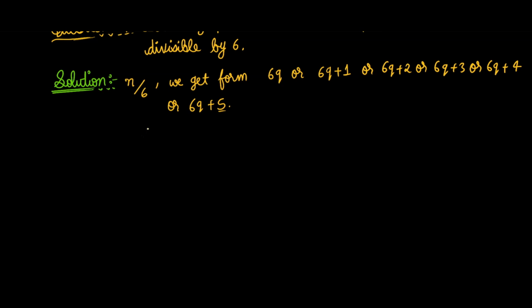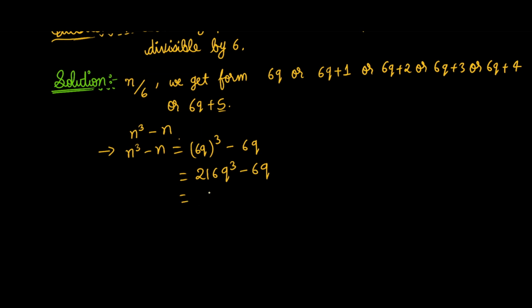So in the question it is n cube minus n. So we will take n cube minus n. So we will take 6q whole cube minus 6q. So we will get 216 q cube minus 6q.